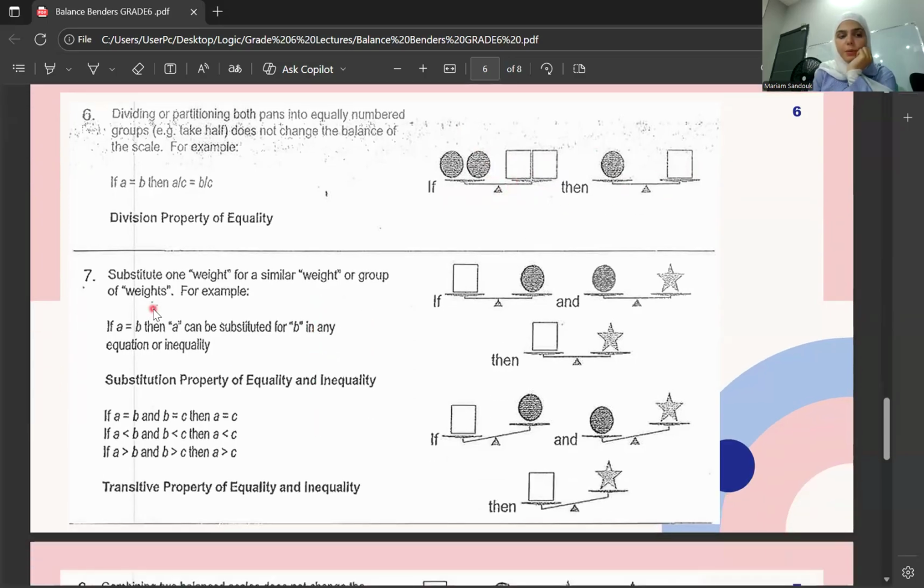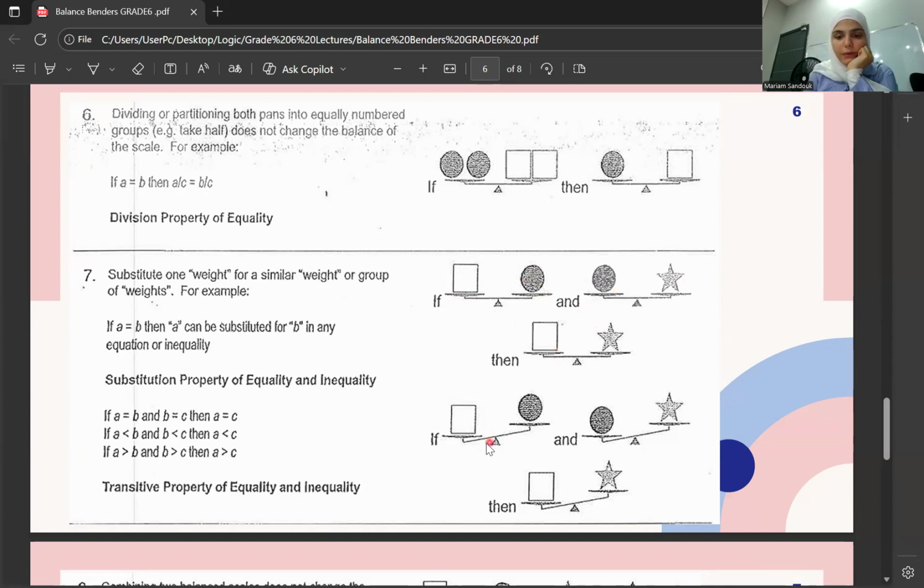Okay, the seventh property: substitute one weight for a similar weight or group of weights. For example, if A equals B, A can be substituted for B in any equality or equation. So if I have a square equals a circle and a circle equals a star, we can directly say that a square equals the star because we have one common circle between them.